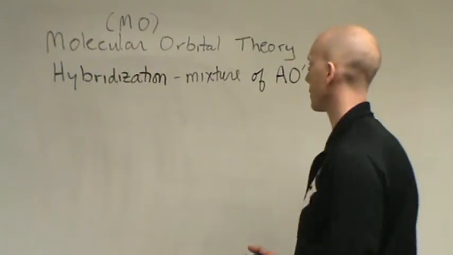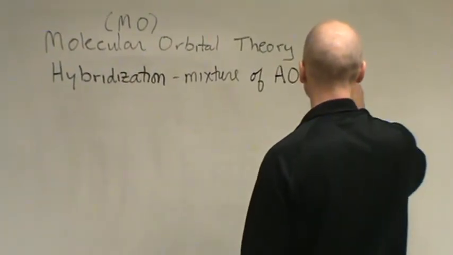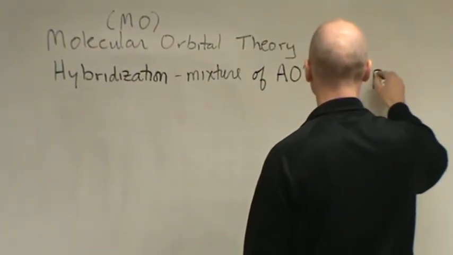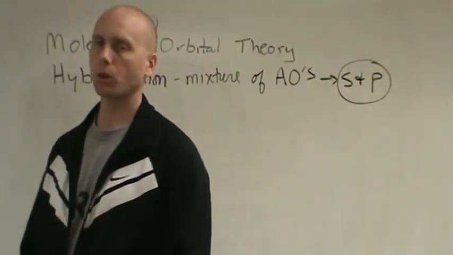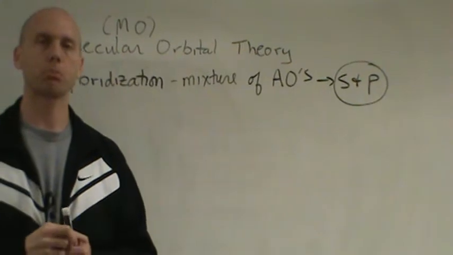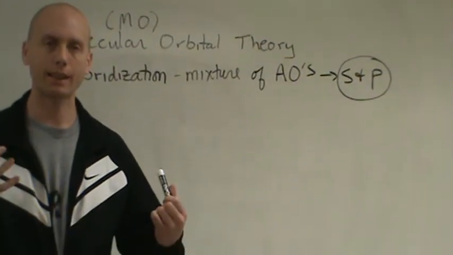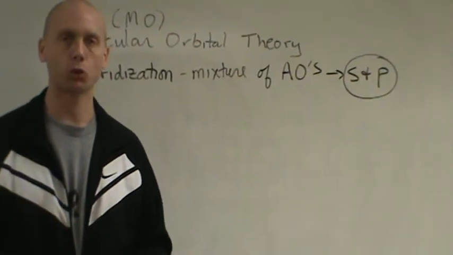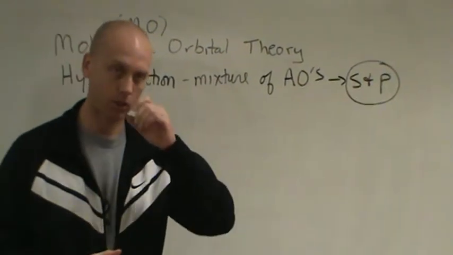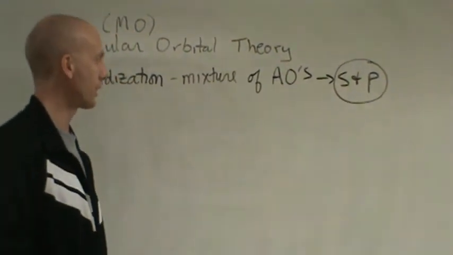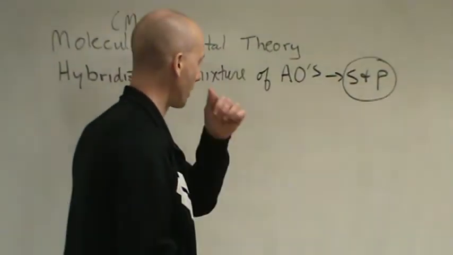And the mixing of atomic orbitals that we're going to do are these two here. We're going to mix s and p orbitals to get a new hybridized orbital. And that's what we want to go ahead and try to tackle here.